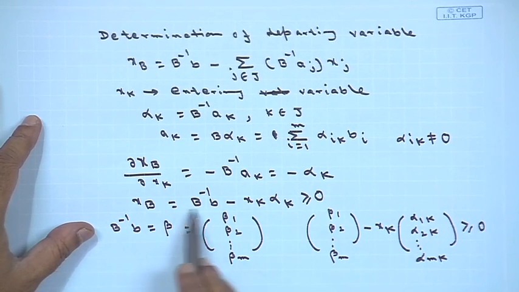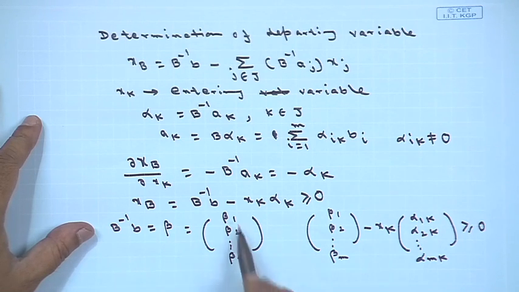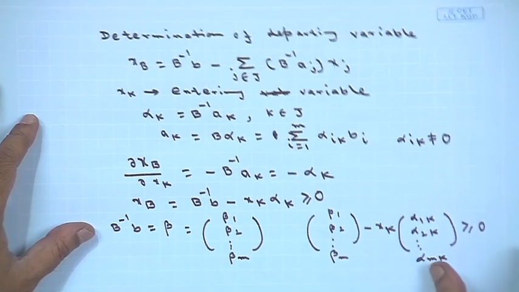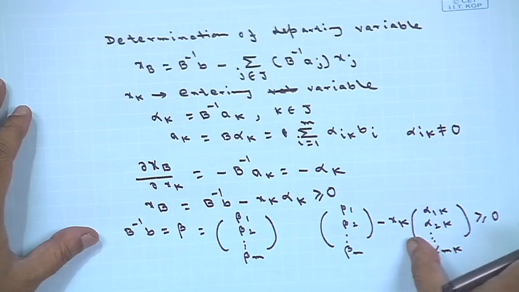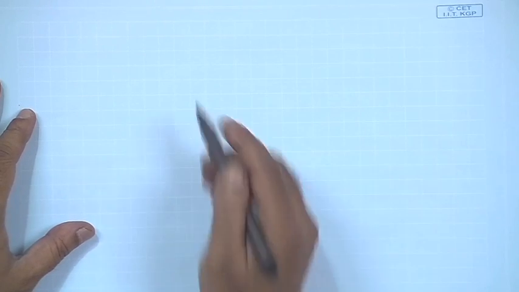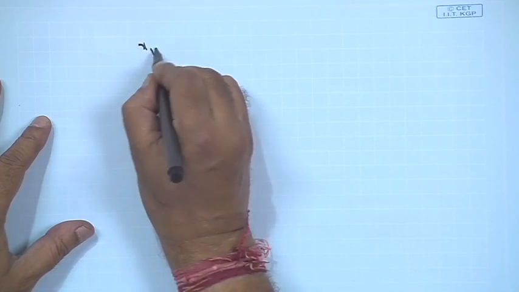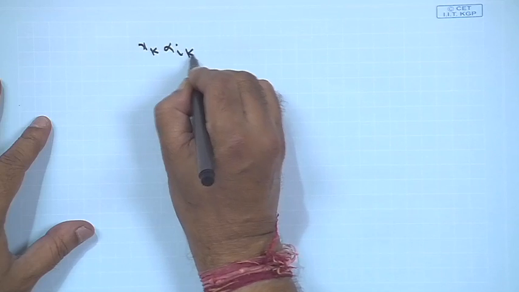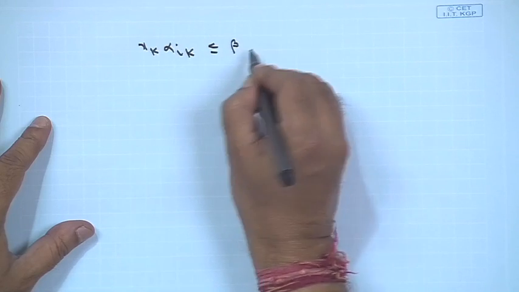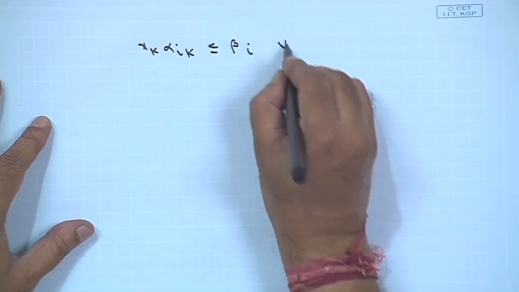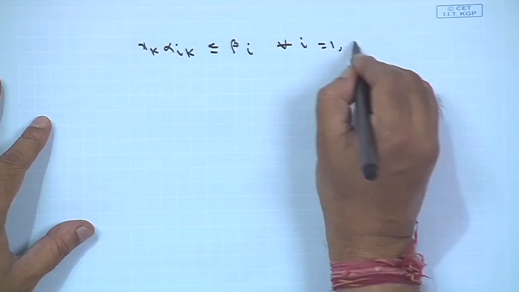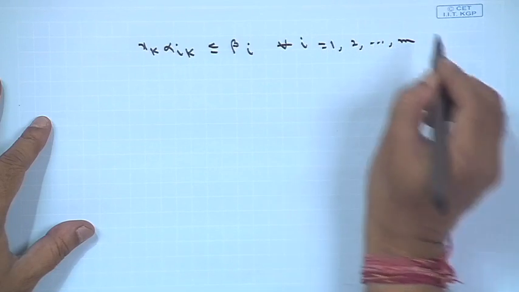So, from here x b is greater than equals 0, and if I assume b inverse b equals beta, take this column vector, then in terms of column vectors I can write down this thing. Now, from here we can write down x k alpha I k is less than equals beta I for all I equals 1, 2, like this way m.